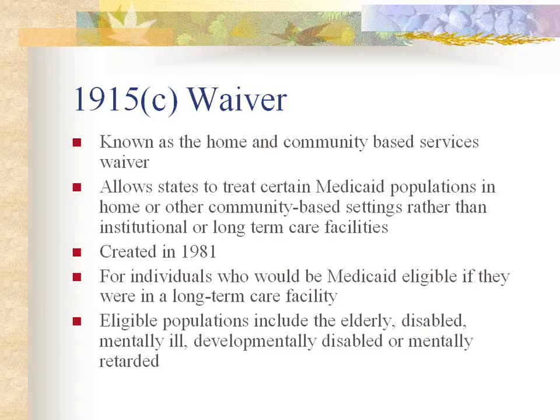So this asks for a waiver to the rule that says you have to be in a long-term care facility in order to become Medicaid eligible. It allows kids who would not otherwise be financially eligible for Medicaid to be eligible in order for them to be able to remain at home. So eligible populations include the elderly, disabled, the mentally ill, developmentally disabled, or mentally retarded.